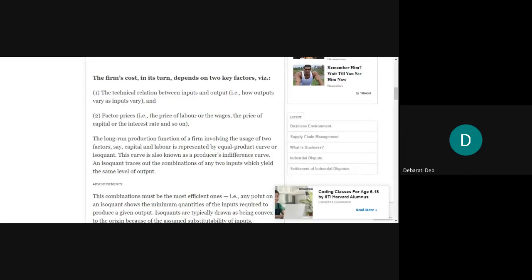What is the price of capital? This is nothing but the interest rate at which you have taken the capital from any financial institution. So all the prices you're paying for generating the inputs for the production process are also a key determinant of the firm's cost.